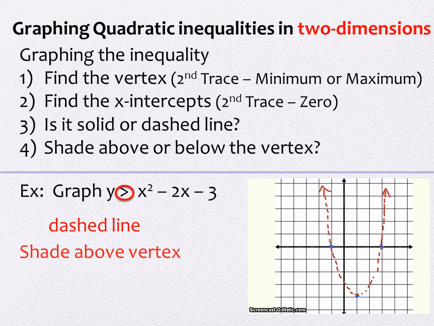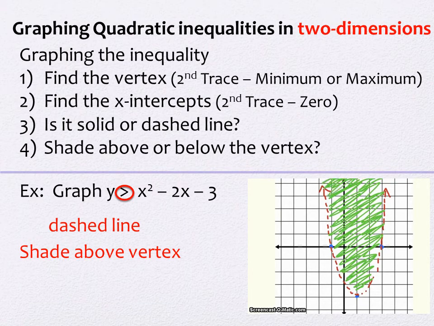And again, since it's greater than, we're going to shade above the vertex point. So above our vertex point of 1, -4 would be actually all values in between the parabola. So this is where our shading occurs. So it's a little different with the diagonal lines, shading above or below. We shade above or below the vertex now. So there's our solutions.